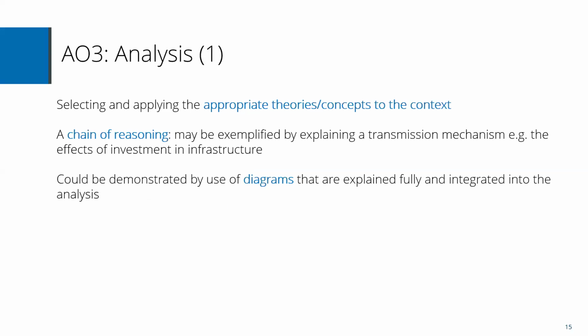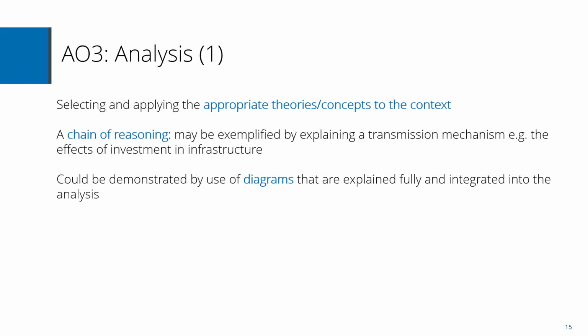Now, analysis, this is where we're looking at having appropriate theories and concepts to the context and that chain of reasoning. So sometimes students will miss out on attaining higher grades because they give us more of a list of points, which may be true, but if they haven't got the analysis there, then it's not fully going to be answering some of the questions asked.